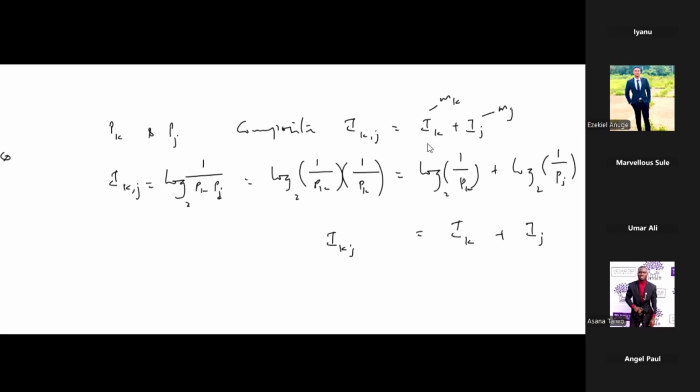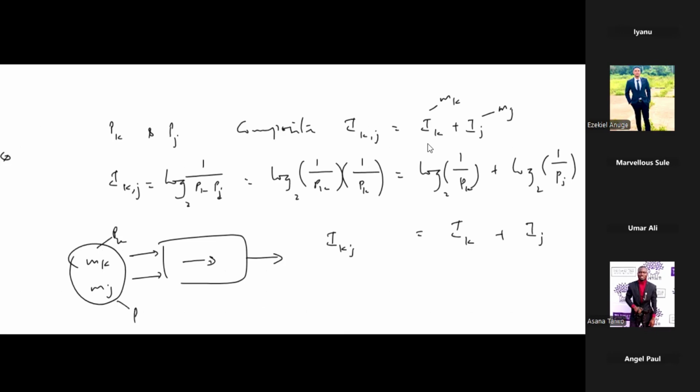Now, we're saying that, for instance, we have a system such that we have m sub k, m sub j, okay? So what are we going to receive at this point? It means that these messages will go into the system. So there's a composite distribution at this point. And we know that this has the probability P sub k, and this has the probability P sub j, okay?